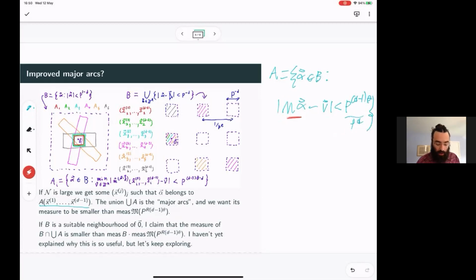But for some peculiar solutions, M might have a small eigenvalue, and in that case, we're going to see a box that looks like one of these long, thin boxes.